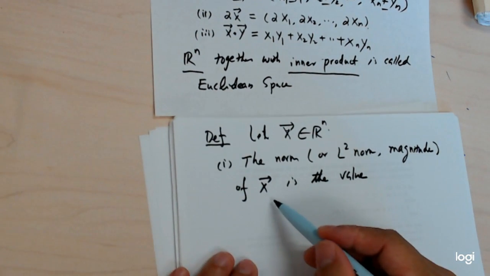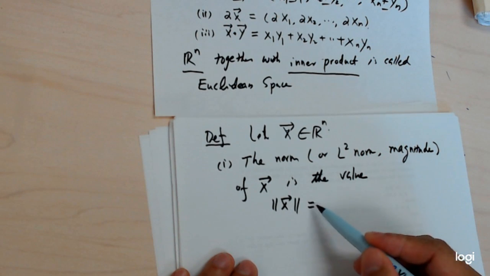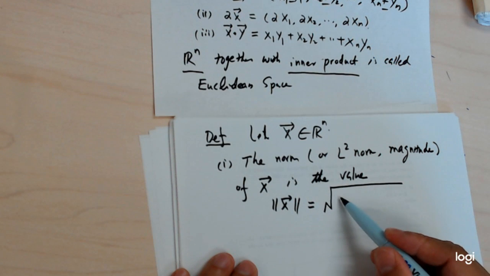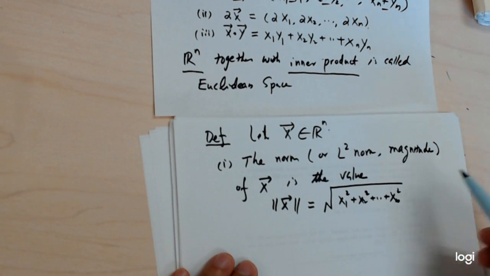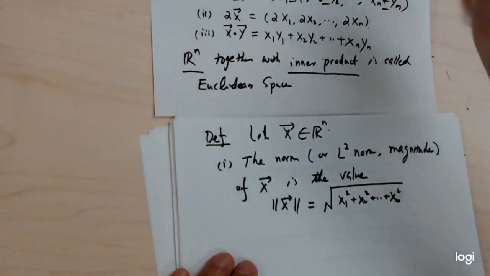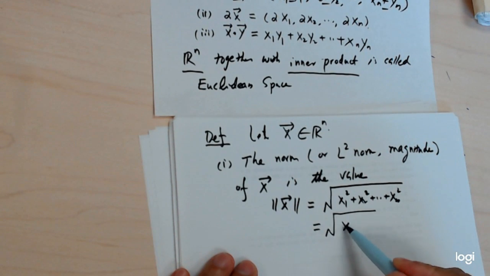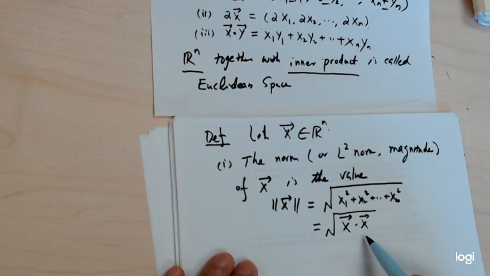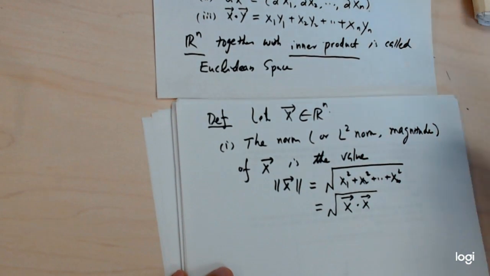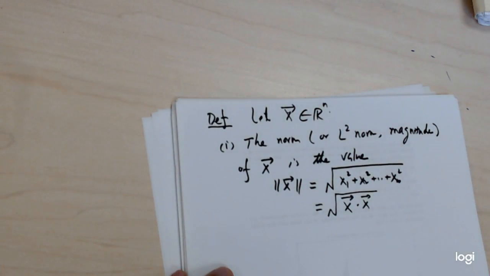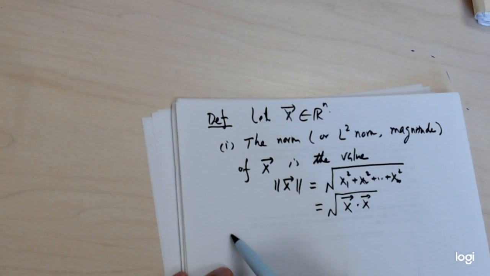We use two vertical bars to represent the norm. It's calculated by this formula: the square root of x1 squared plus x2 squared plus up to xn squared. Which, by the way, is actually the dot product of x with itself. You get x1 squared, x2 squared, and add them up. So that is the L2 norm, and that's one way to measure the size of a vector in Rn.